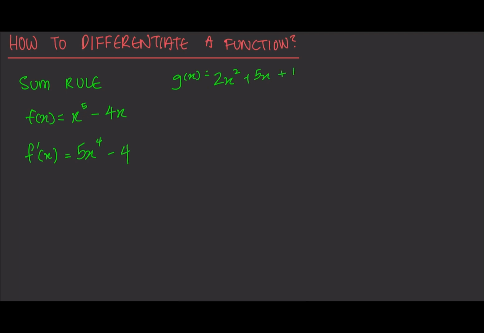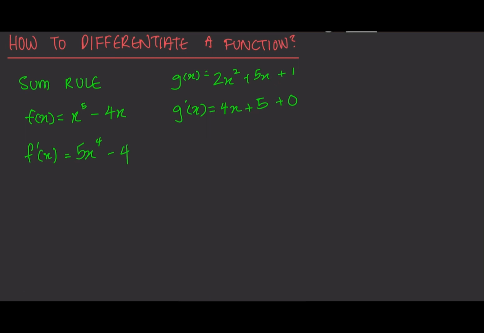Well, remember all the rules we learned just now. g'(x) equals, bring down the 2 and multiply by 2, 4x^(2-1), which is 4x, plus 5 plus 0, because whenever we differentiate a constant we get 0. So that's how it works, right?